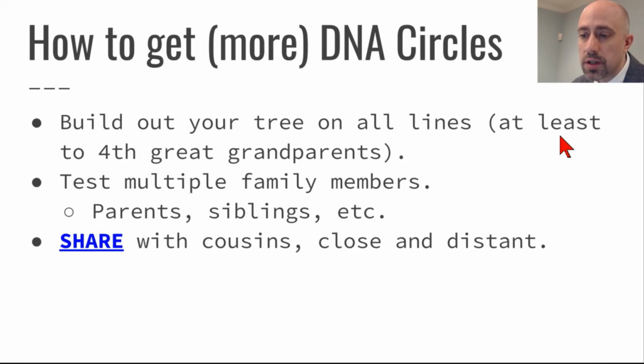And you do want to test multiple family members. It even helps to test siblings. That will increase the number of DNA circles that you get. And a third strategy is to share with your cousins, close and distant, and not just through communicating. You'll also want to share by choosing specific settings available at AncestryDNA, and we'll talk about that.